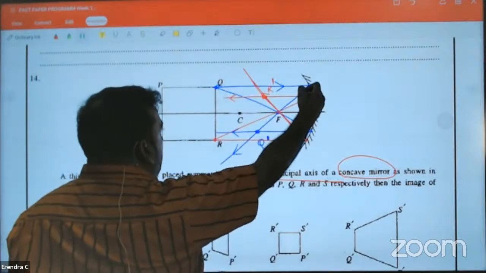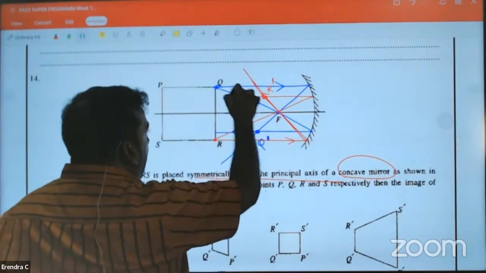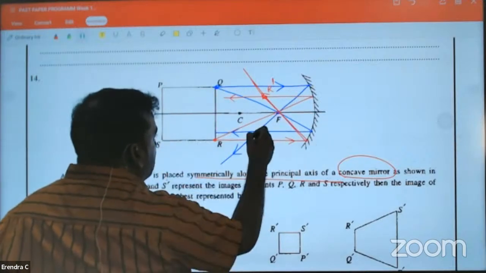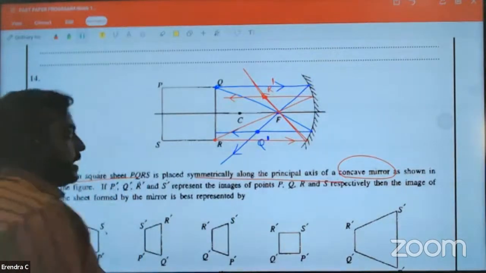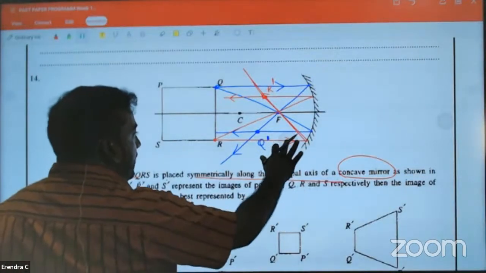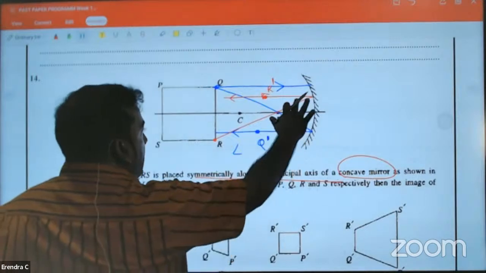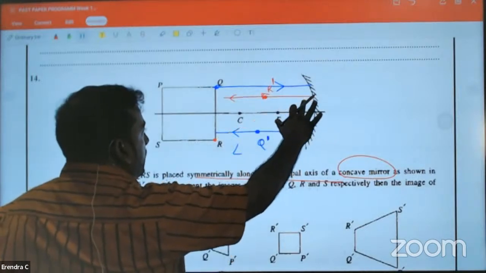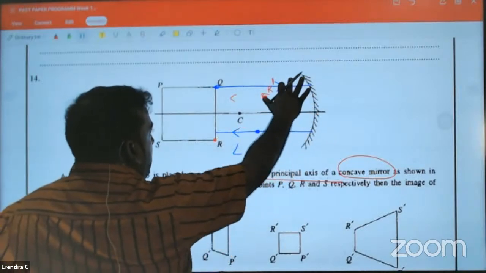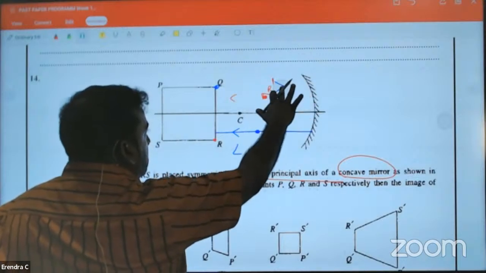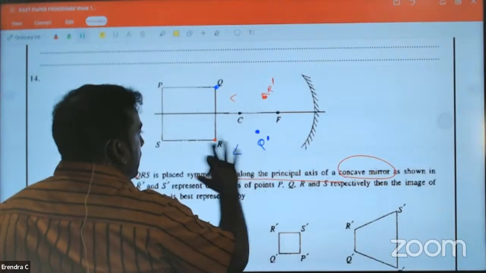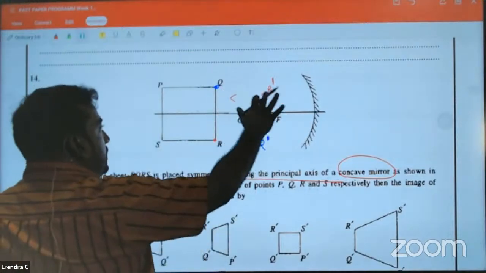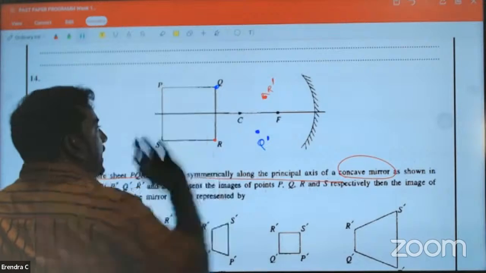These two blue rays will meet here, Q dash. Okay? Right. So I'll erase the rays. Q dash, R dash is there.